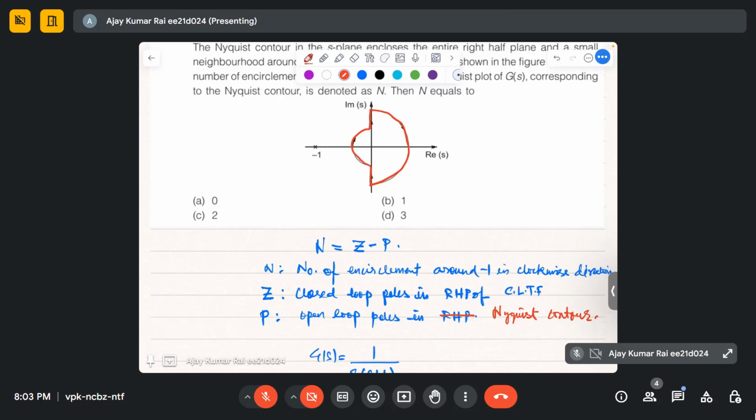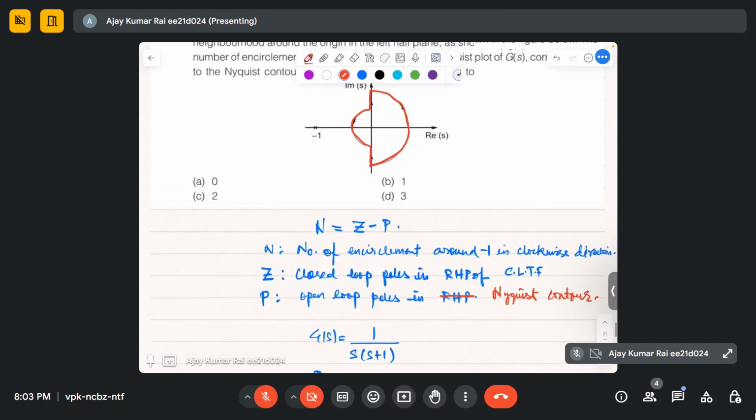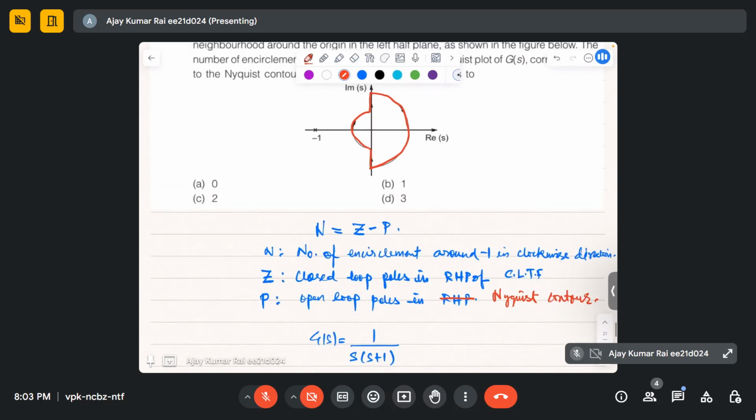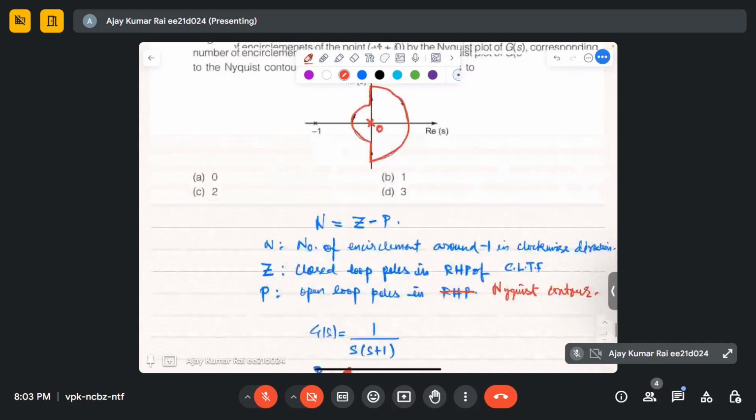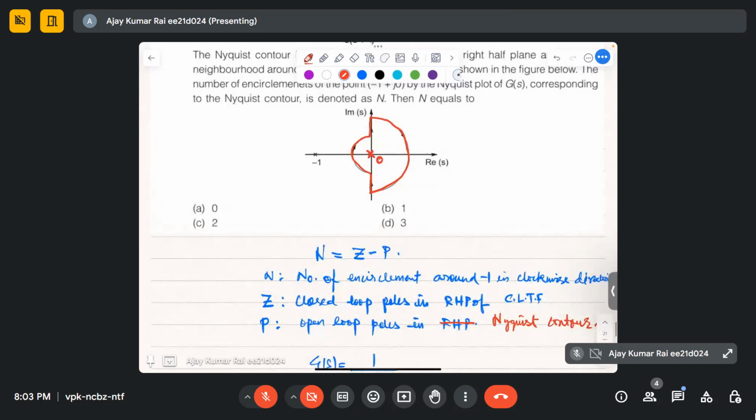If you see s into s plus 1, in this case we have a pole here at the origin, right? So in this case the P value is equal to 1, because of the Nyquist contour that we have chosen. You can see the open loop poles lying in this contour.